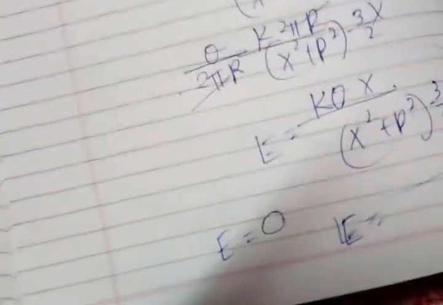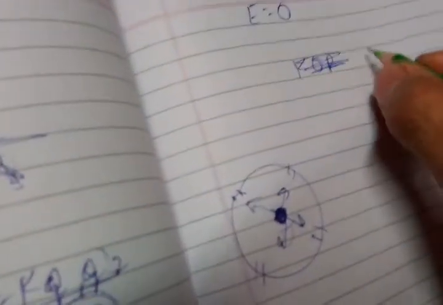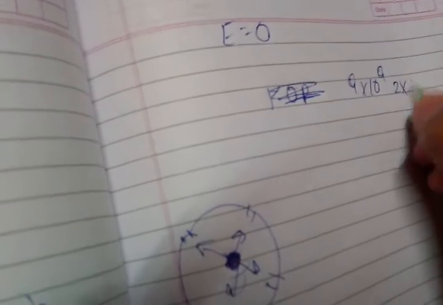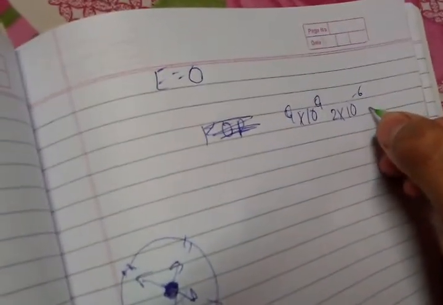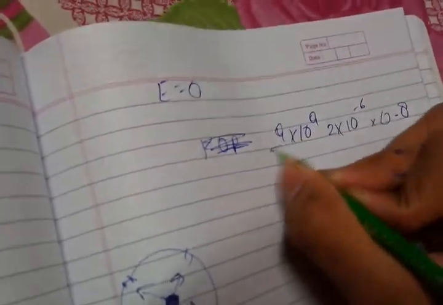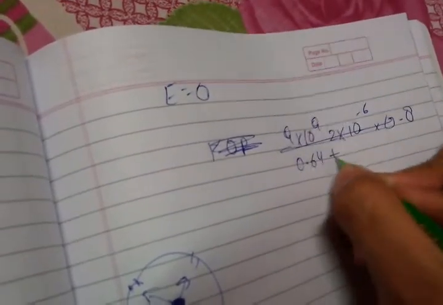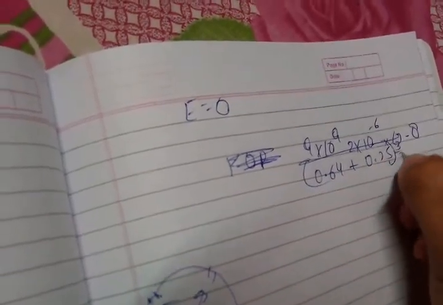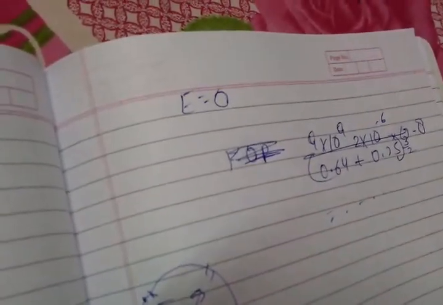K is 9 times 10 to the power 9, q is 2 microcoulomb, kqx, x is 0.8, upon x square 0.64 plus r square 0.25 to the power 3 by 2, and we can find the answer.